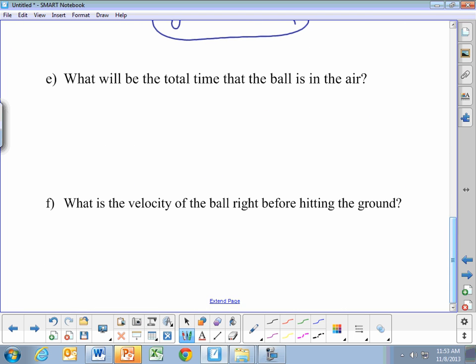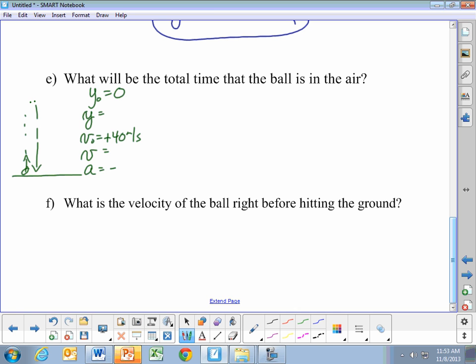Part E, what will be the total time that the ball is in the air? So again, the ball is going up, it's coming back down, and so it's still starting at a height of 0 meters. The initial velocity is still positive 40 meters per second.